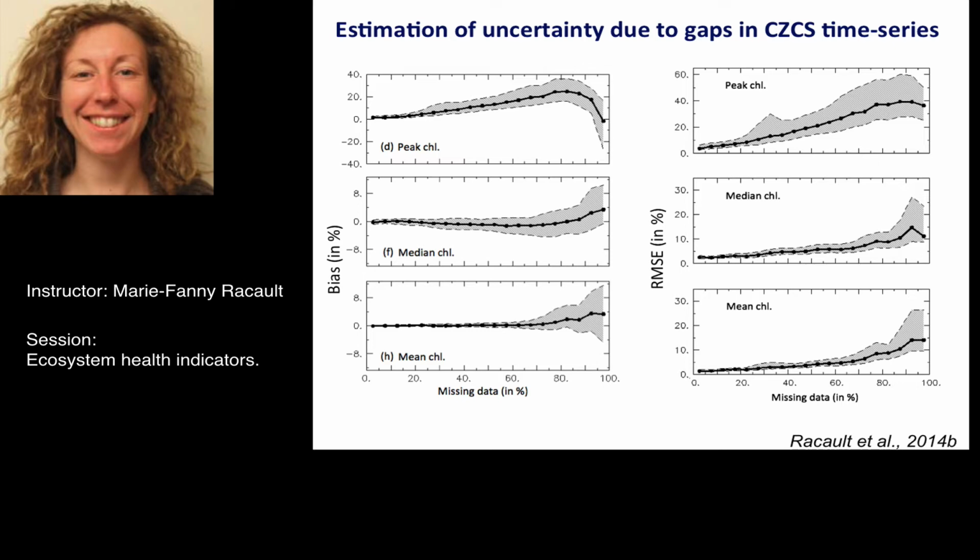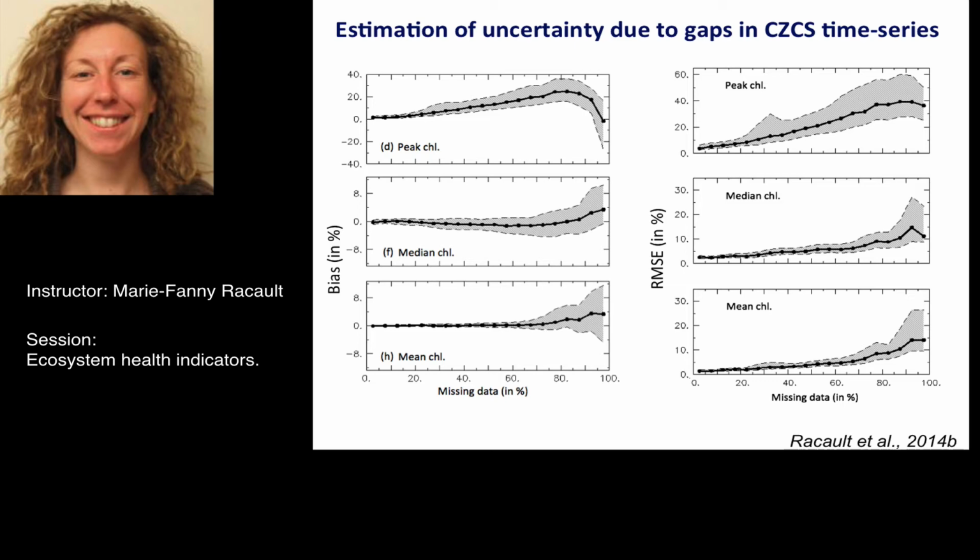I estimated climatologies, and I estimated different indicators: chlorophyll concentration annual mean, the median value. I looked at phenological indicators, and so I got an indicator reference and an indicator from the time series with gaps. Then I computed the difference between the indicator from the time series with gaps minus the reference.